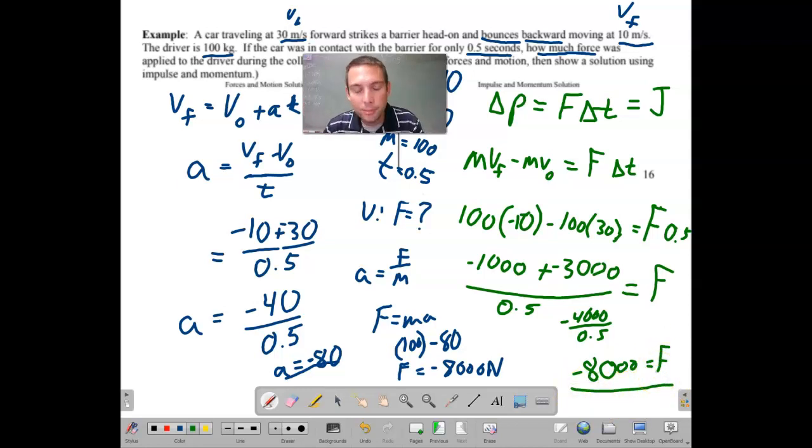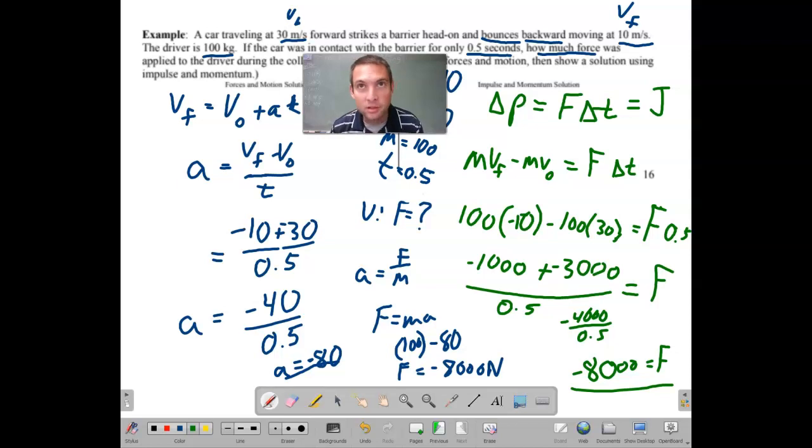That's it. Impulse momentum. I recognize that it's a collision by the phrase up here where it said it's bouncing backwards. So I realize that is a collision where the objects are not sticking together. So that led me instantly to think, oh, I have a change in momentum here.